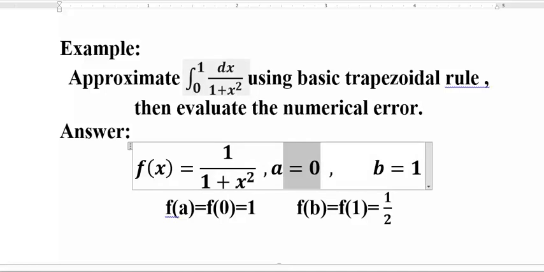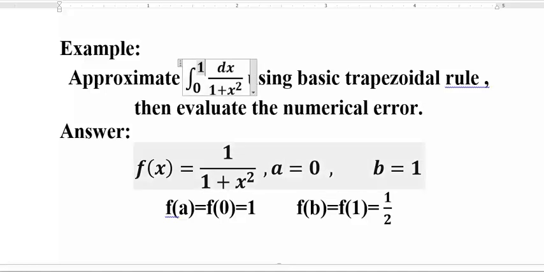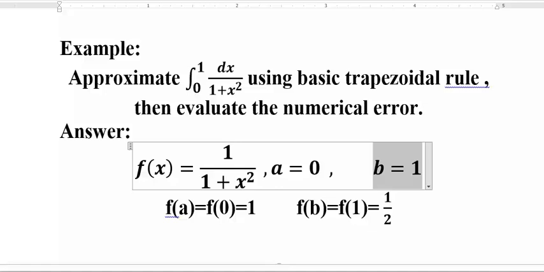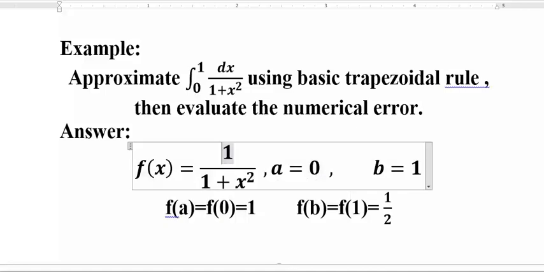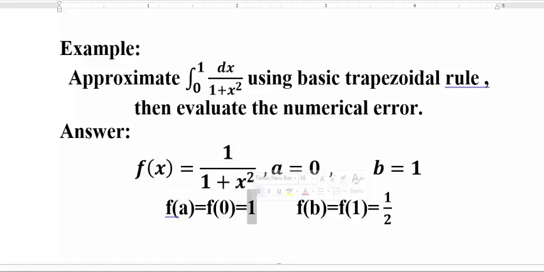The last point, b, equals 1. f of a means f of 0, and if we substitute x equal 0 in the function, we have 1 over 1 plus 0, so it's 1. f of b, which is f of 1, is 1 over 1 plus 1, or 1 over 2.